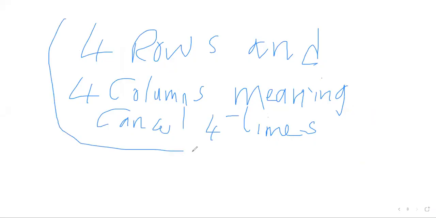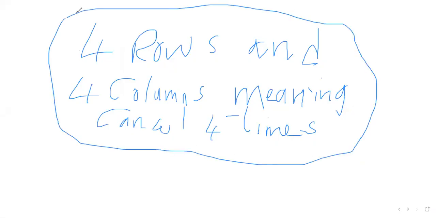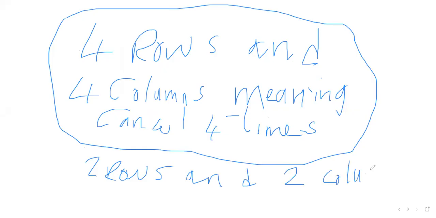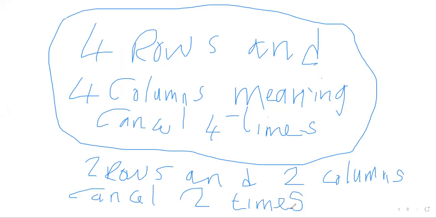Then the other aspect, when we have 2 rows and 2 columns, cancel how many times? 2 times for optimality. Are we together? Yes. So the table should always be balanced.